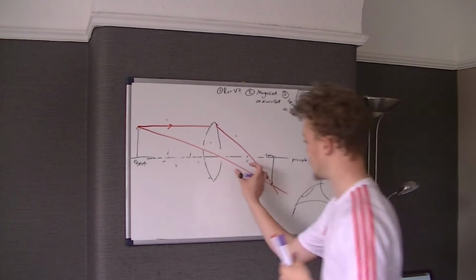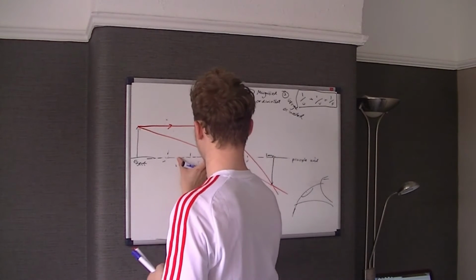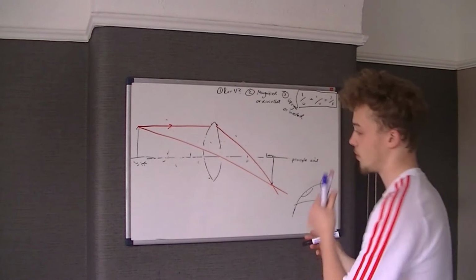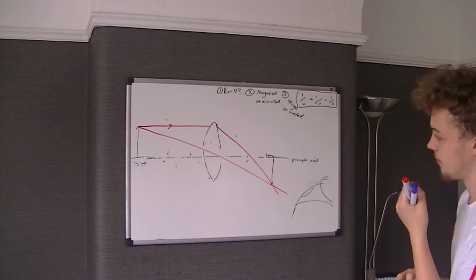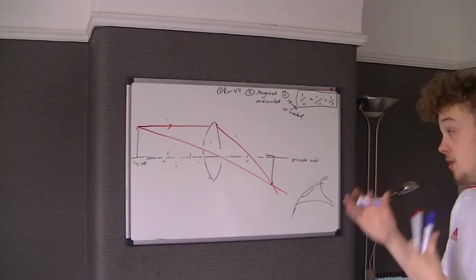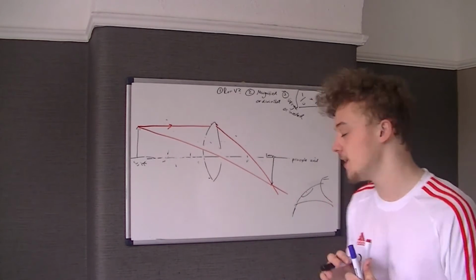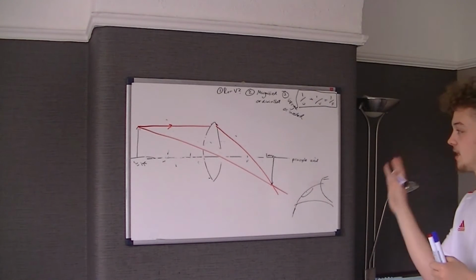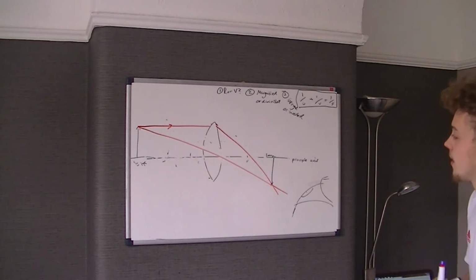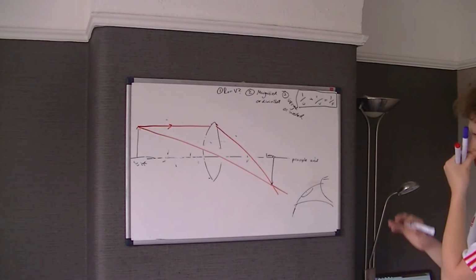One second, just measure. It's not quite 2, it's not gone perfectly. Anyway, at 2 focal lengths, the object and the image are exactly the same size. Maybe that's not a perfect example, but I think it's close enough anyway.